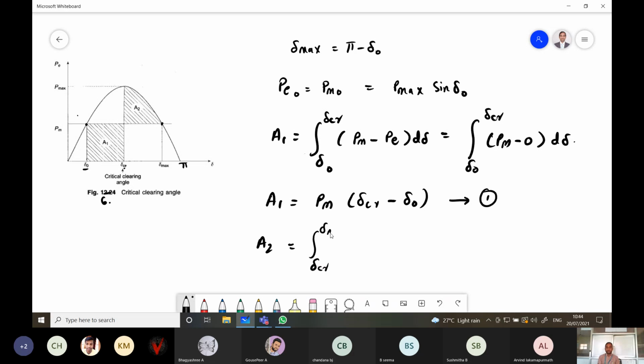In the decelerating area, Pe is more, so Pe minus Pm with respect to d delta.